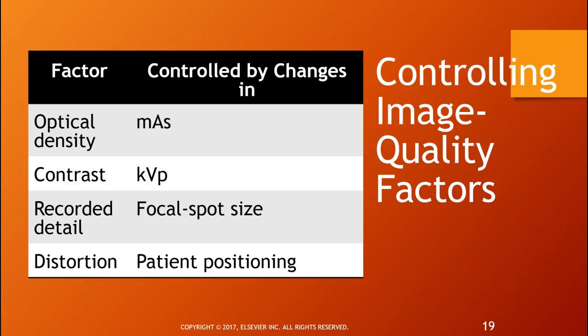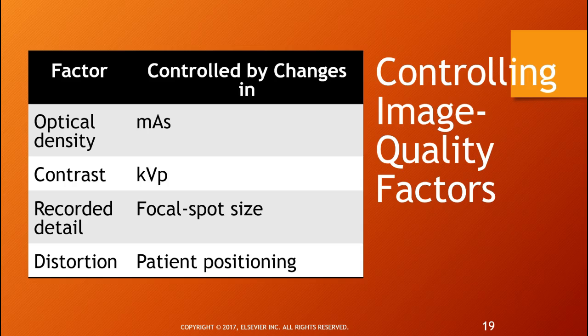Okay, this slide is important. I want you to know in this table, this is showing what's controlling your image quality factors, okay? So optical density is controlled by mAs, and we have gone all over that and had labs on how that affects what you're looking at with your optical density. Contrast is controlled by kVp, had a lab on that.